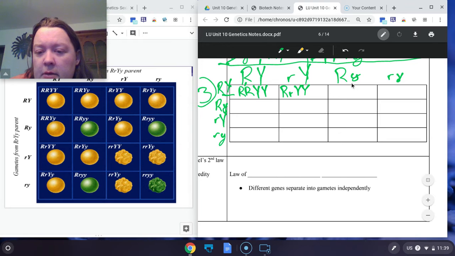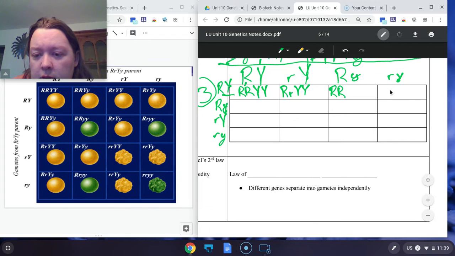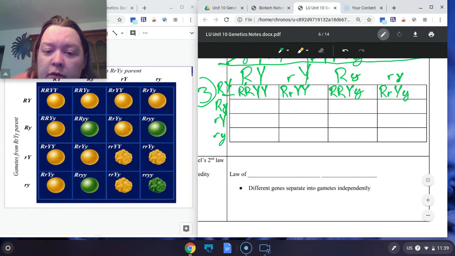For this box, my big R's are coming over. This R is coming down. Big Y comes over with the little y. So again, my R's, big R, and then my little r. My big Y is going to come over next to a little y. You just work on filling this out.